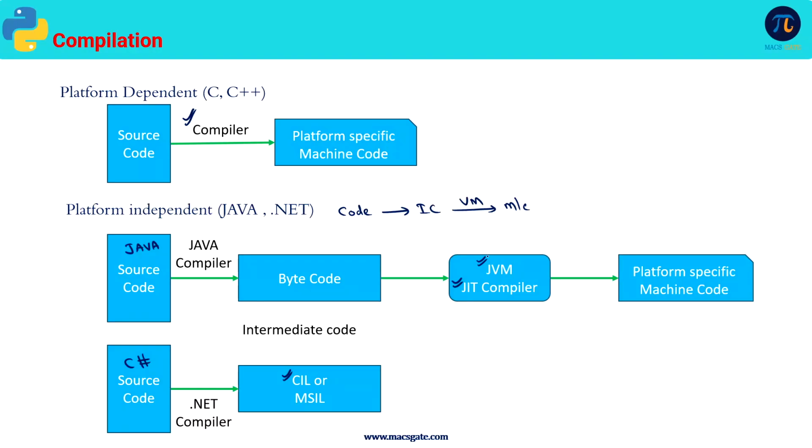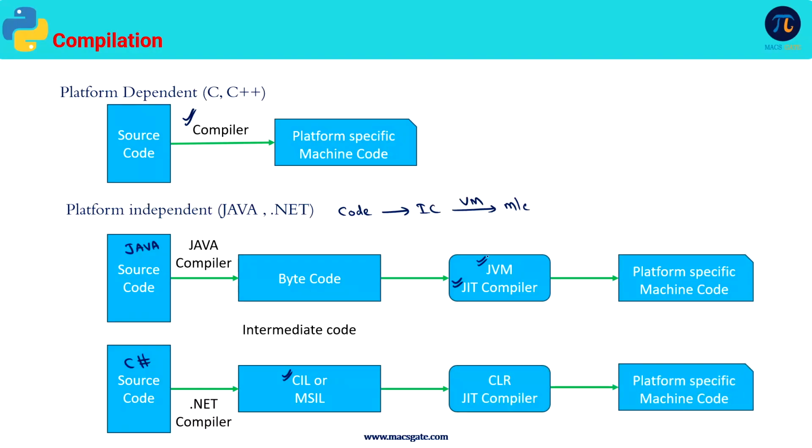Whereas in .NET, the common language runtime executes this common intermediate language. Even in .NET, the CLR, the common language runtime, contains a just-in-time compiler which converts that common intermediate language to platform-specific machine code.